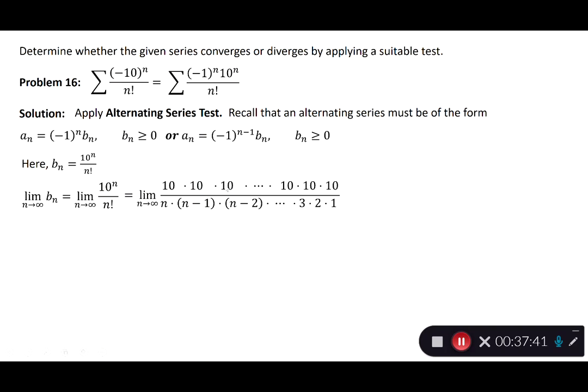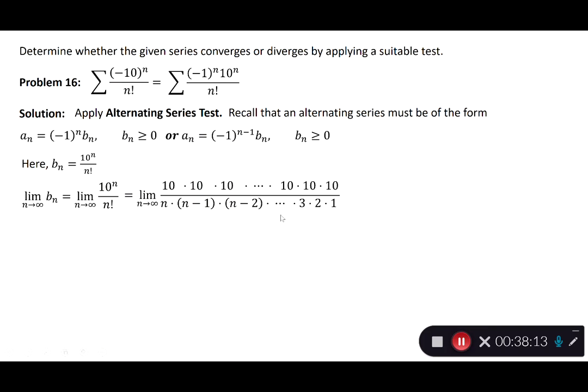Beyond that, the terms in the bottom are definitely bigger. Especially as n goes to infinity, we are looking at n being a very large number. This n is bigger than that 10, n minus 1 is bigger than the 10, n minus 2 is bigger than the 10, and so there are many, many more terms in the bottom which are bigger than their corresponding terms on the top, which are just 10.